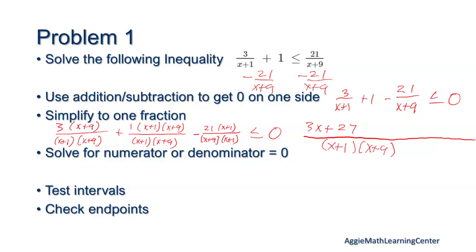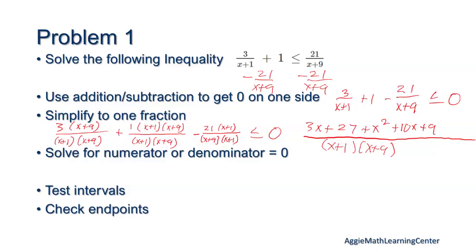For the second one, an x plus 1 times an x plus 9 is going to become x squared plus 10x plus 9.